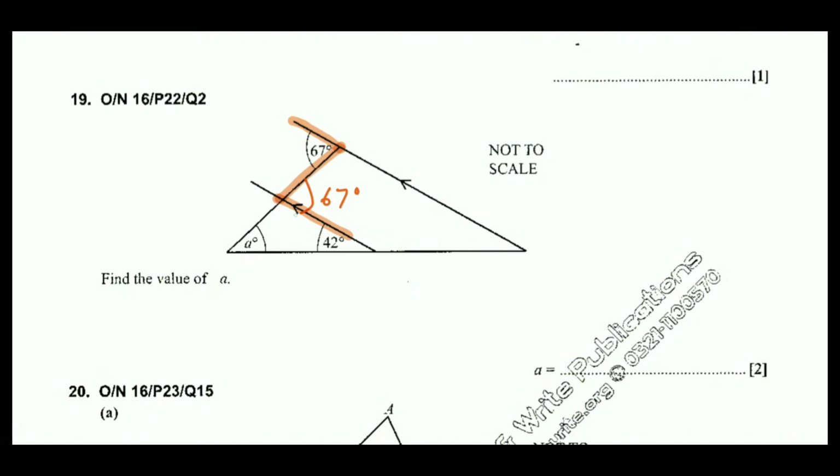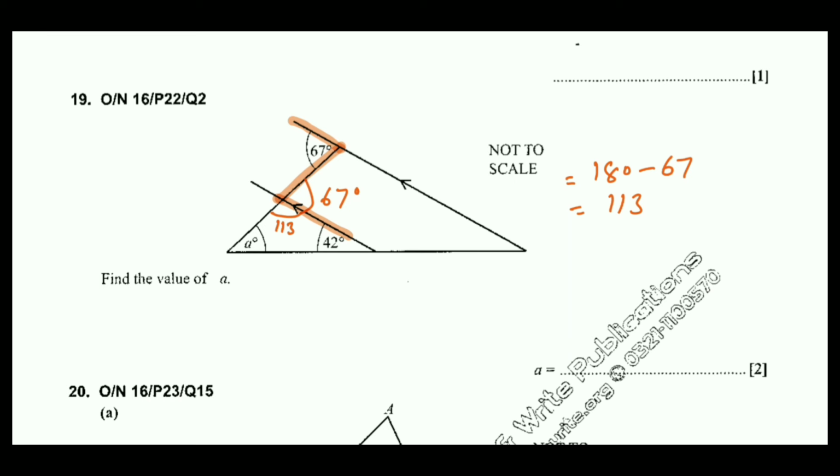If this angle will be 67, what's about this one angle? This angle will be 180 minus 67, and that is 113. So this will be 113.